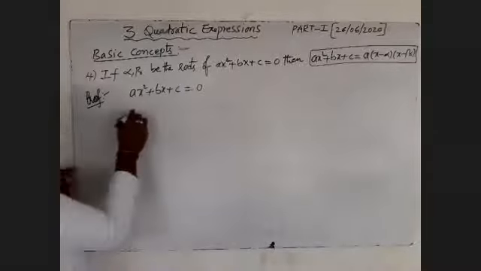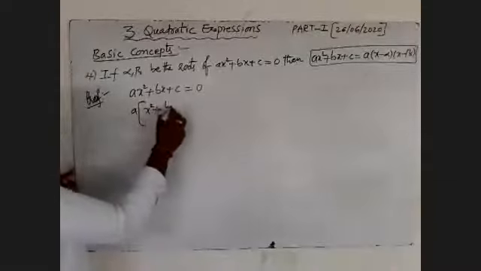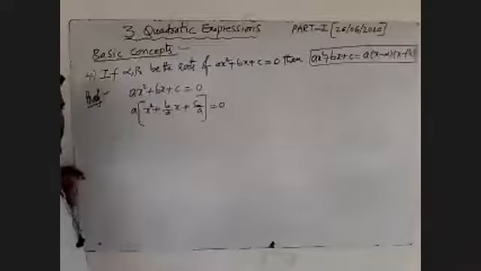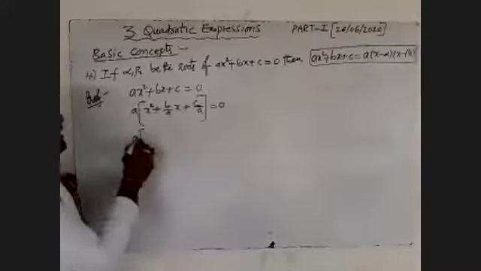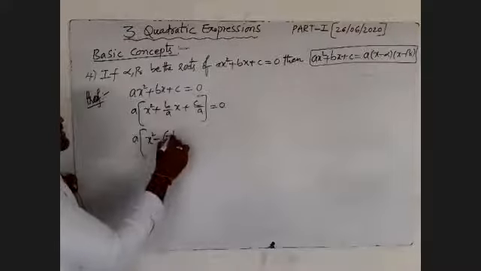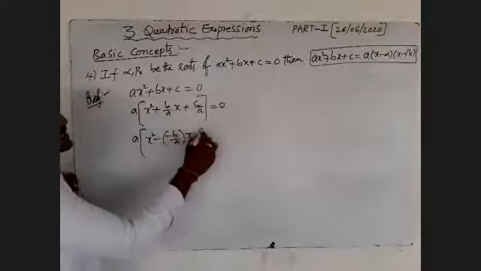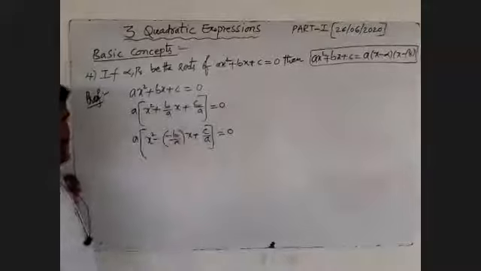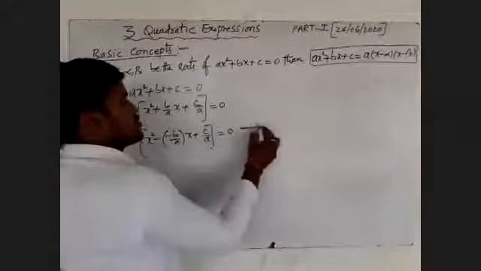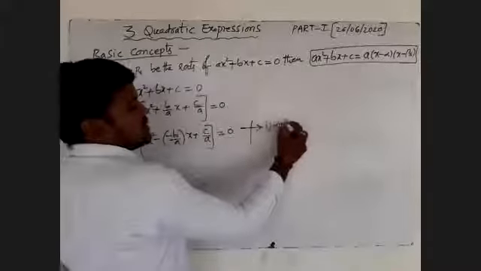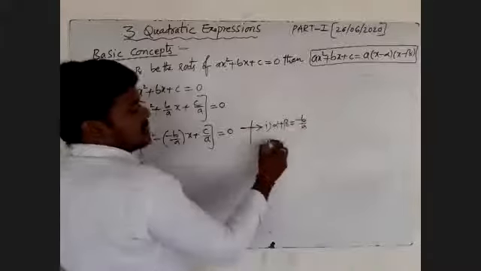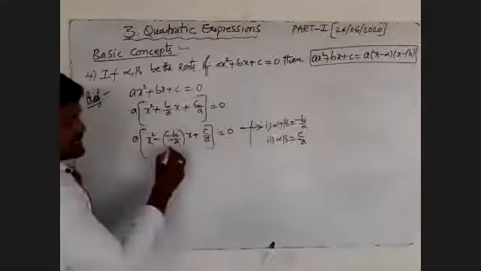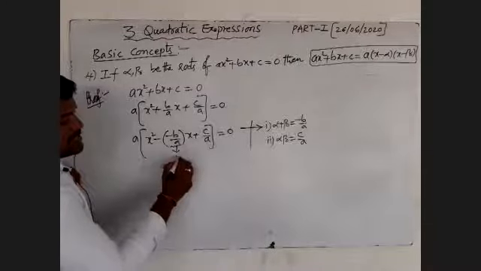I will take a common, and the remaining we write is x square plus b by a into x plus c by a equal to 0. Again we write a into x square minus of minus b by a into x plus c by a equal to 0. Minus into minus will become plus. Already we know the two conditions: the sum of zeros alpha plus beta is minus b by a, and the product of zeros alpha beta is equal to c by a. First we will replace minus b by a with alpha plus beta.